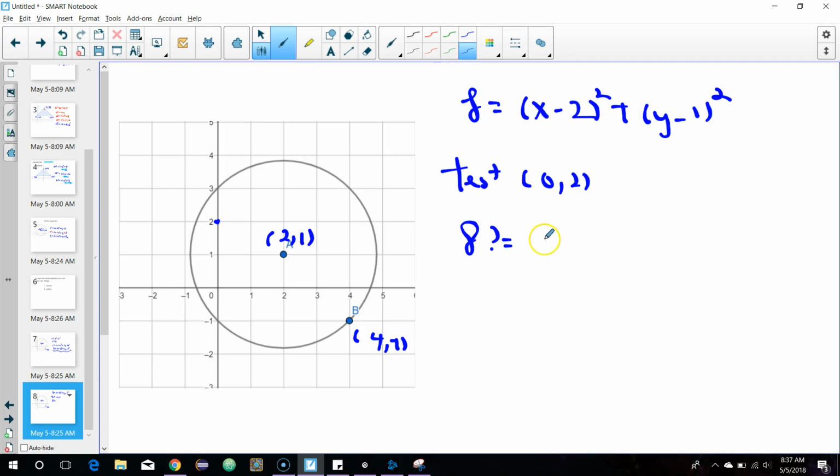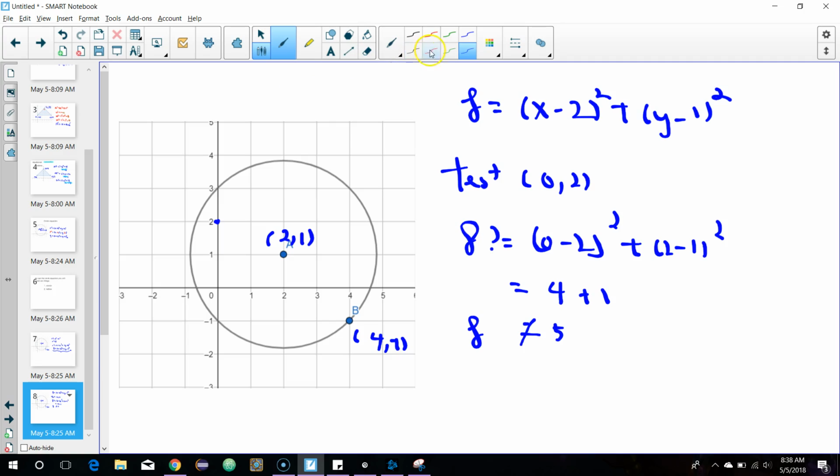So you have 0 minus 2, 2 minus 1. Negative 2 square is going to be 4, always positive. 2 minus 1 square, 1 square is 1. So it's 5, because 8 does not equal 5. This statement doesn't make sense. Therefore, 0, 2 is not on the circle. Okay, it's not on the circle.